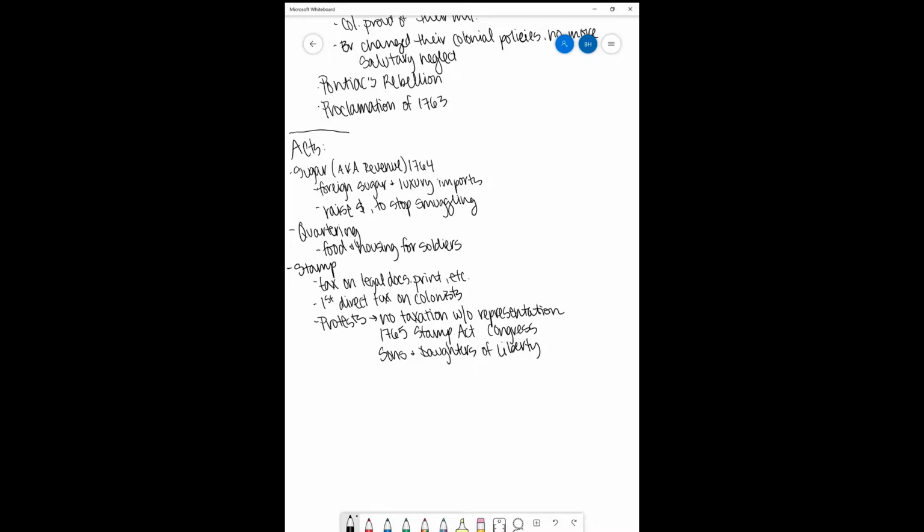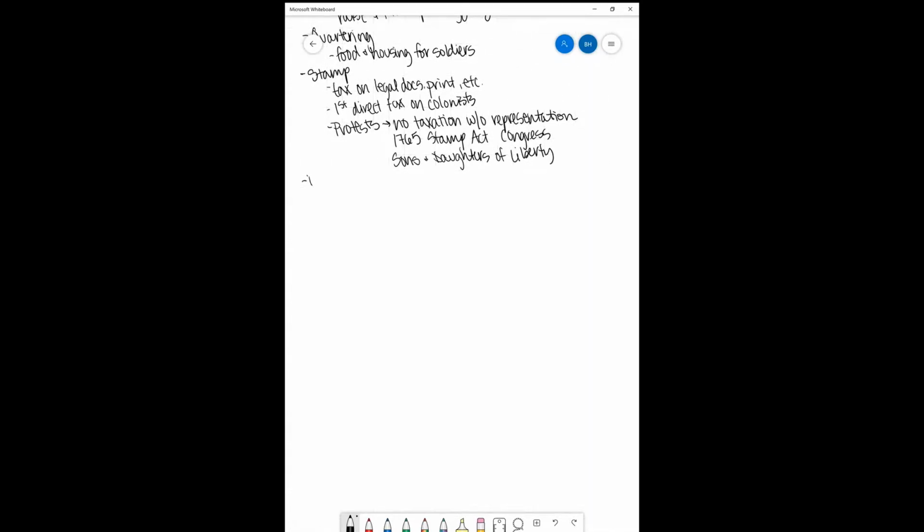So then other acts prior to the war, you have the Declaratory Act, and the Declaratory Act stated that Parliament had the right to tax and make laws for the colonists, or colonies, I should say, in all cases whatsoever.